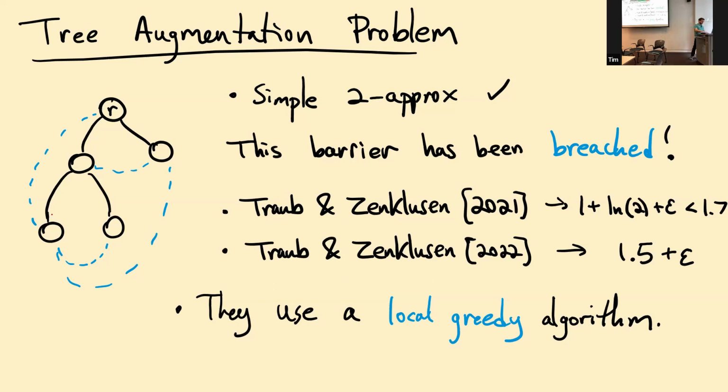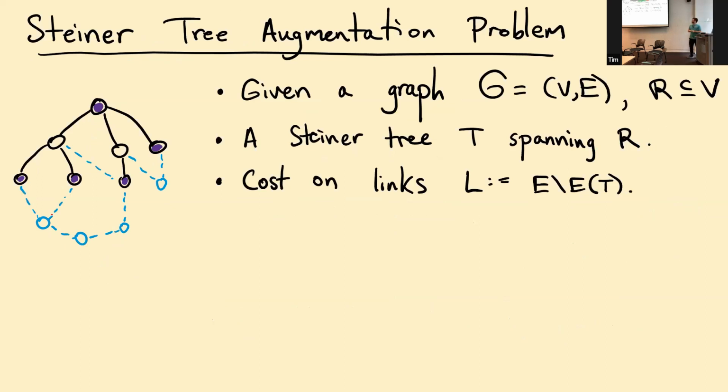Okay, so now I'll talk about the problem we're actually studying, and that's called Steiner tree augmentation. So it's tree augmentation, but instead of augmenting a tree, you're augmenting a Steiner tree into a two-edge connected Steiner subgraph.